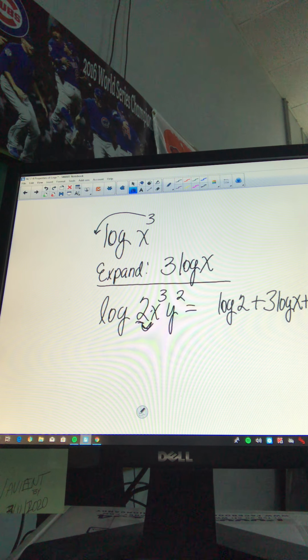Now let's look at one where we have some subtraction and using the quotient property. Let's say we have log of 3x squared divided by y.